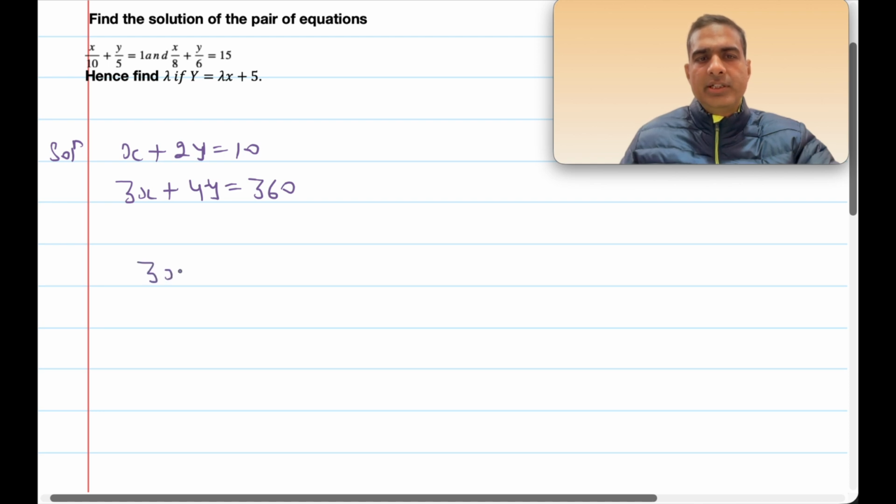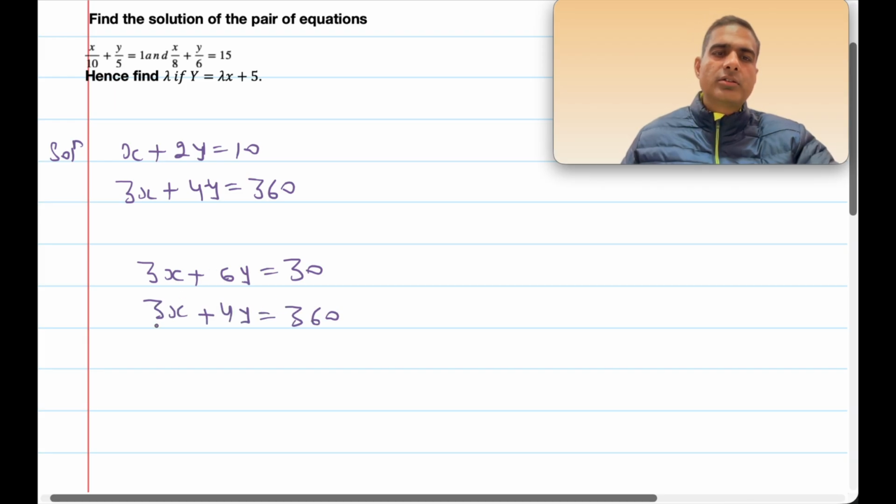So it became 3x plus 6y is equal to 30, and the second equation will remain the same because there the coefficient is already 3. Now the sign of the coefficients is the same in both the equations, so we would have to subtract the second equation from the first equation. So signs will change, so this will become negative, this will become negative, this will also become negative.